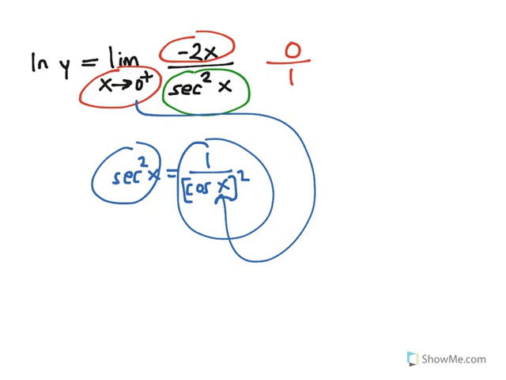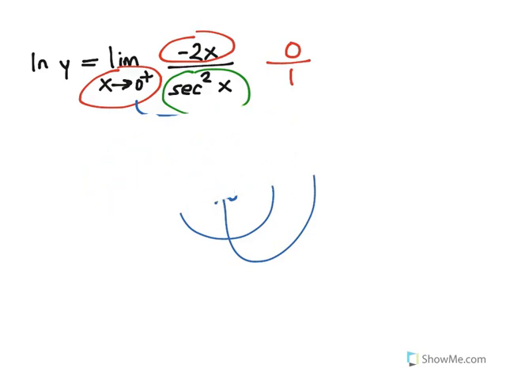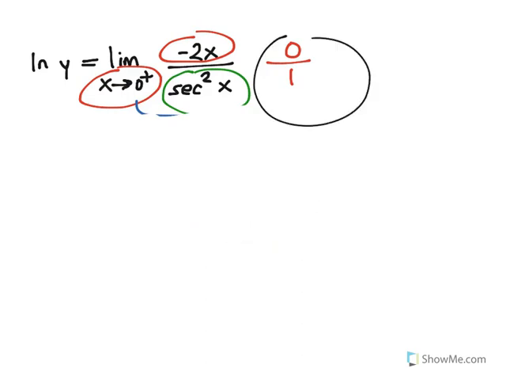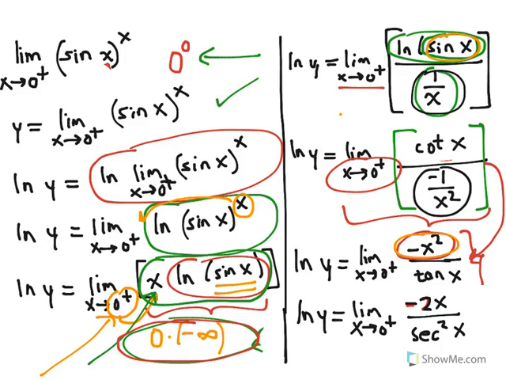So this function, negative 2x over secant squared x, the limit of that function as x approaches 0 from the right is 0 over 1 or 0. So now we have natural log of y is equal to 0. So finally, what are we looking for? We're looking for this limit.